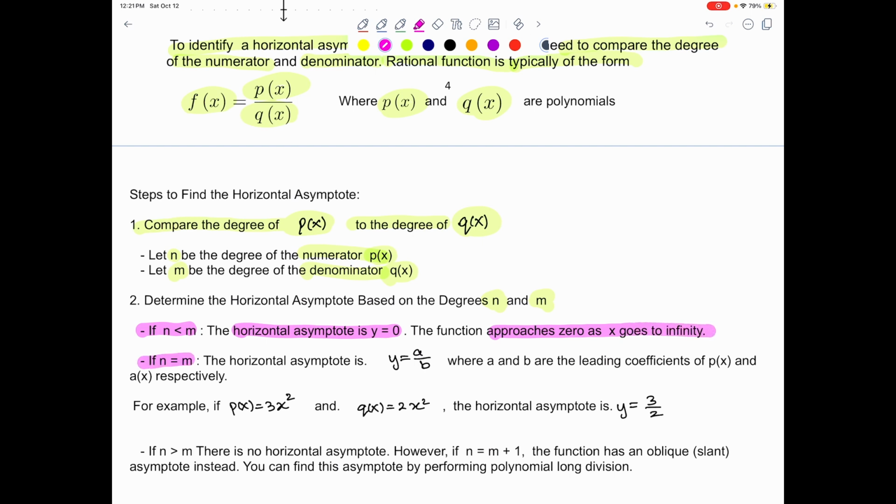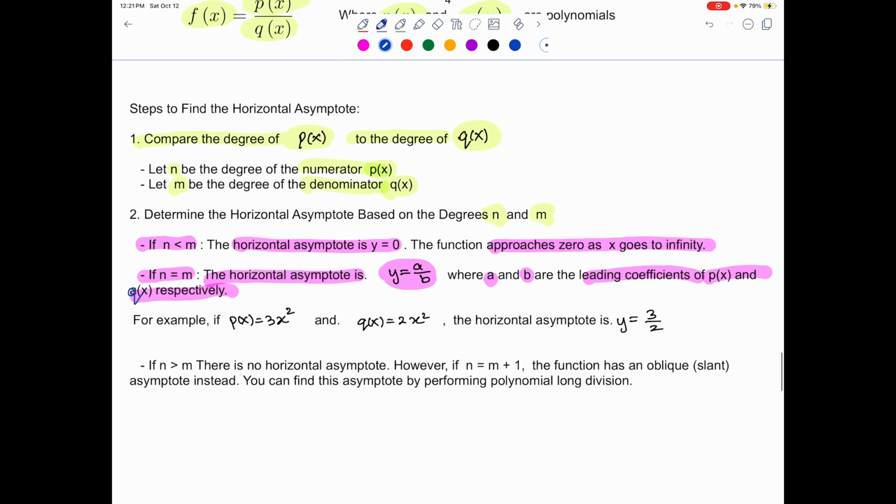If n is equal to m, or the degree of the numerator is equal to the degree of the denominator, then the horizontal asymptote is y equals a over b, where a and b are the leading coefficients of p of x and q of x, respectively. This is q of x, not a of x.